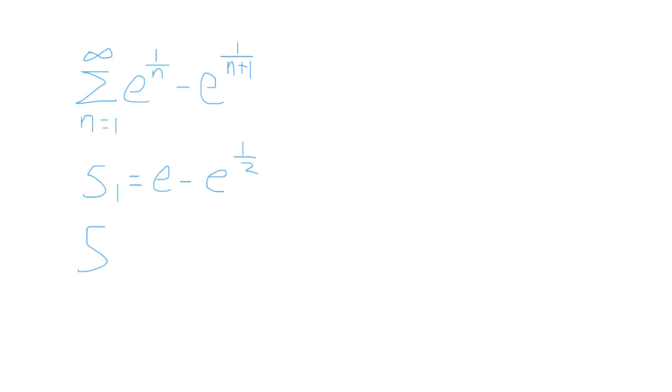Let's write S2. S2 is S1, e minus e to the half. This is the first term. You could think of this as A1, and this itself is just an An, because we come from a sequence.